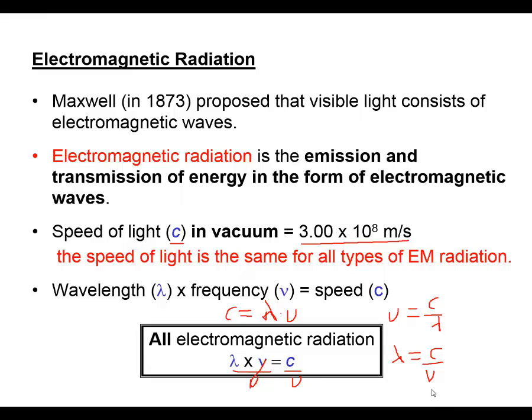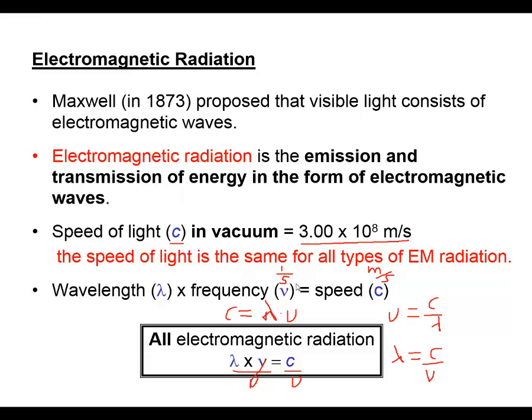Now, I want to remind you that the units for frequency are hertz. Hertz is the same as cycles per second, so 1 over seconds. And remember that the units for the speed of light are meters per second.